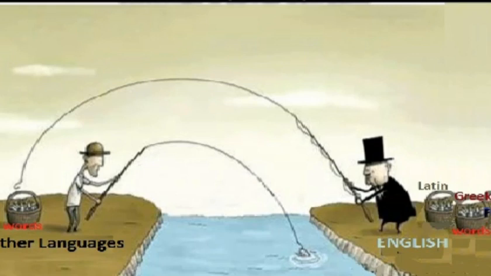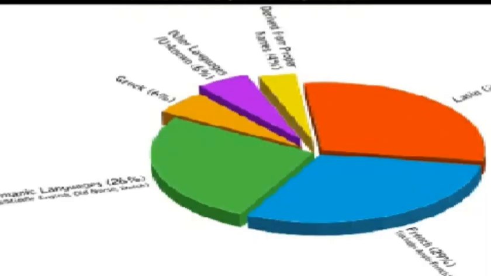These English words have been taken from other languages, mostly from Latin, Greek, and French. Now you can see a graph of the etymology of our English words.